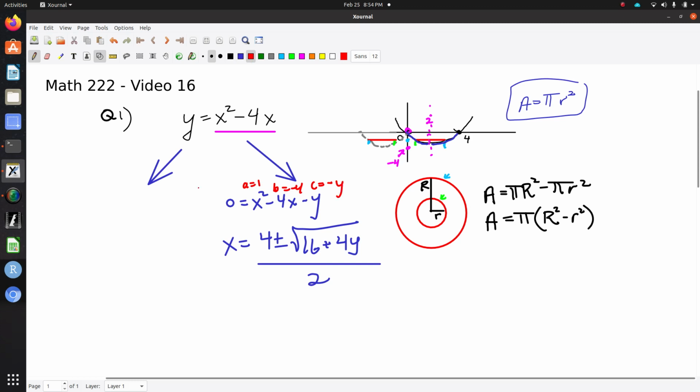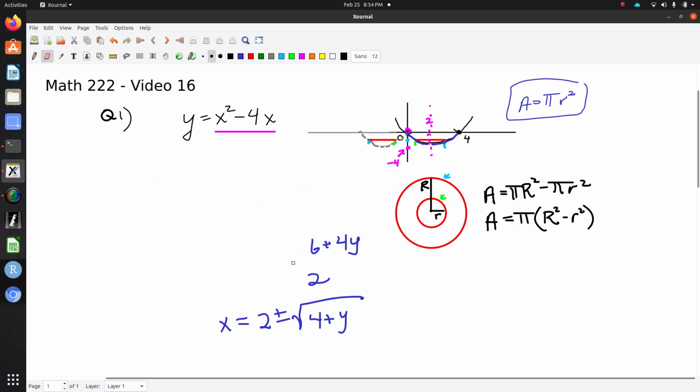Okay, so you might say that doesn't look like what I just did, but it is, because what's 4 divided by 2? It's 2. And you bring that 2 inside the radical, so you get a 4 in there. And so you're dividing 16 by 4 and 4y. And you still get the same answer. Math is not broken. So that's fine. You have two different ways to get to this lovely expression that is not as bad as it looks.